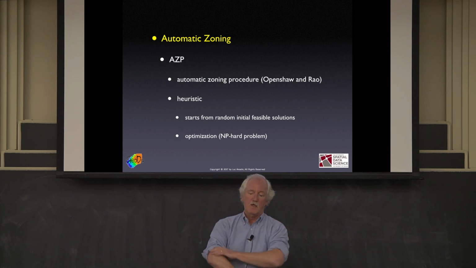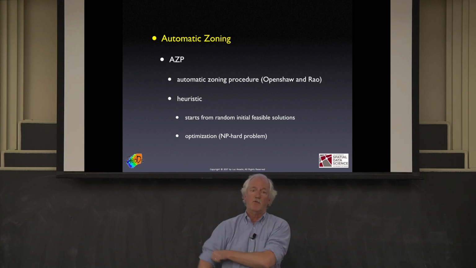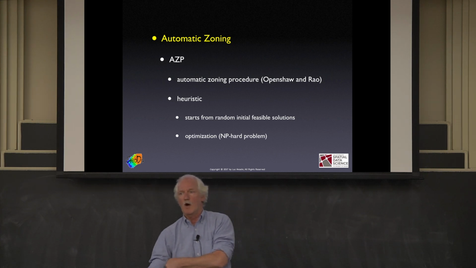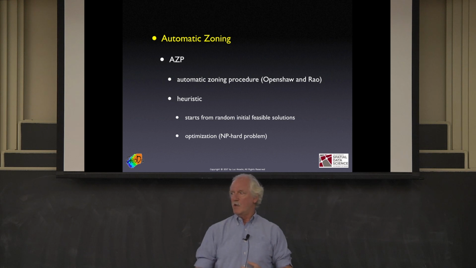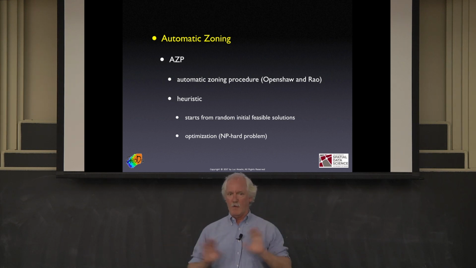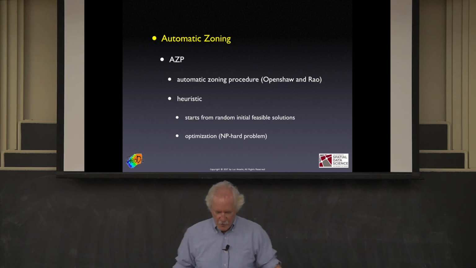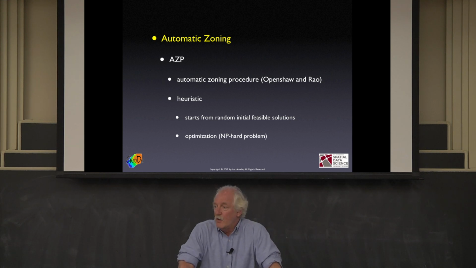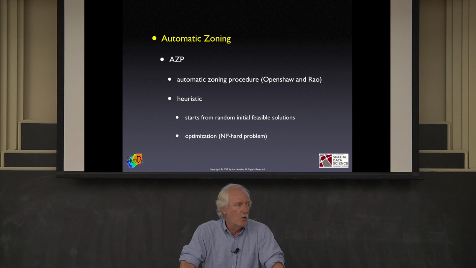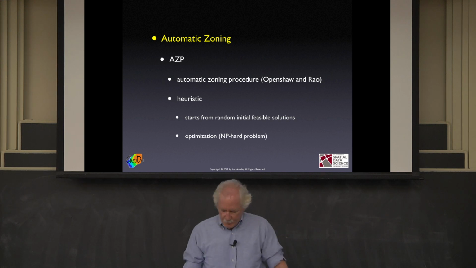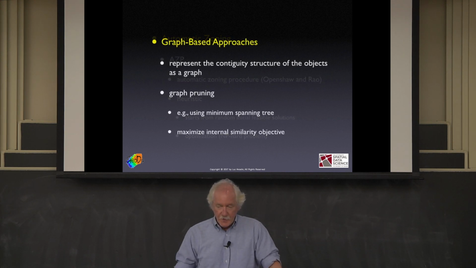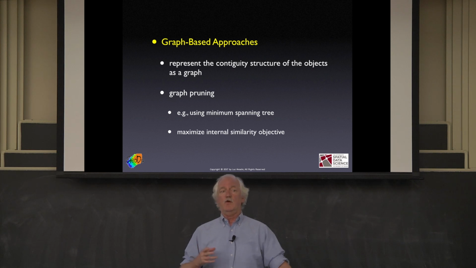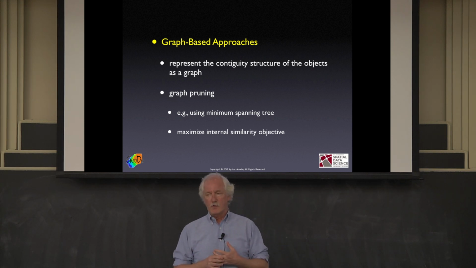The problem with this, as I mentioned, is it's a really hard problem. It's what in OR we call an NP-hard problem. Whenever you see NP-hard, walk away because there's no exact solution, right? And it's a heuristic, so you don't know where you end up. You can easily get trapped in local maxima. Still, it's interesting to do, to learn about the structure of the data.